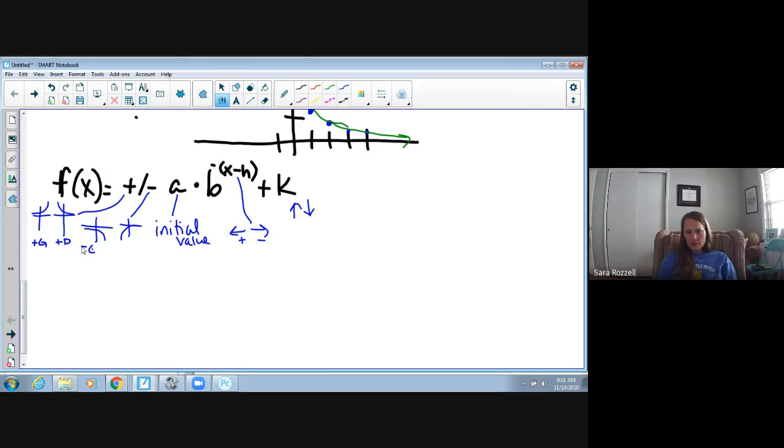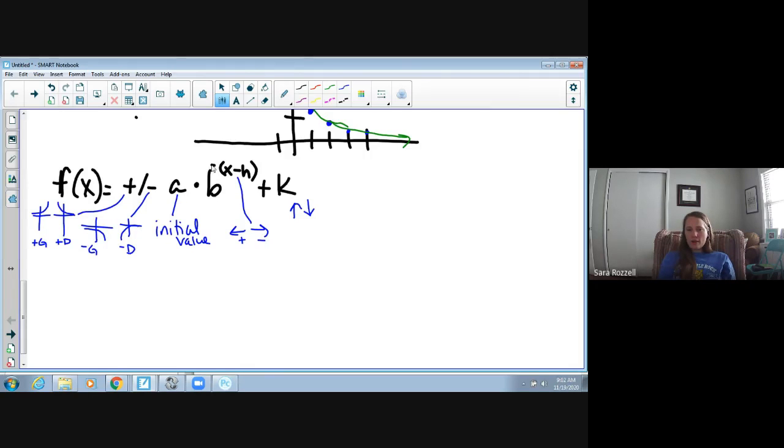This is a negative growth and a negative decay. That makes sense to grow negatively. Seems kind of weird. Like you're going towards negative infinity, but the space between the x-axis and your line is getting bigger as you move along. So that's a growth. Decay is when it's getting closer to the x-axis as you move to the positive direction.